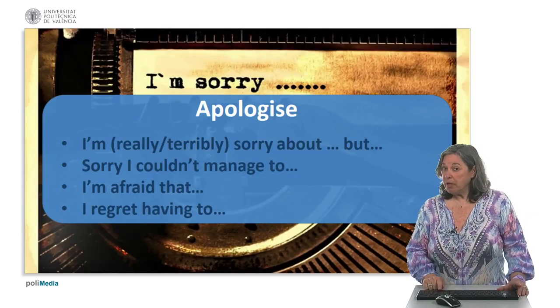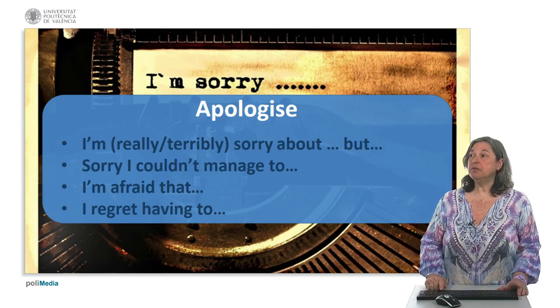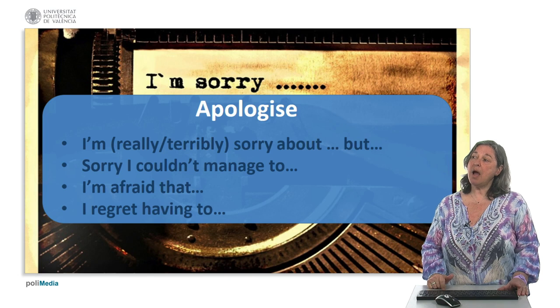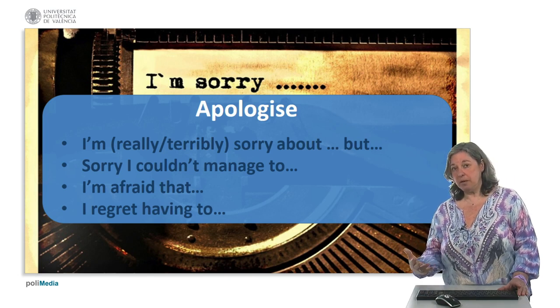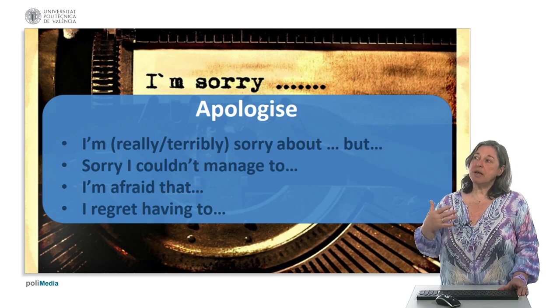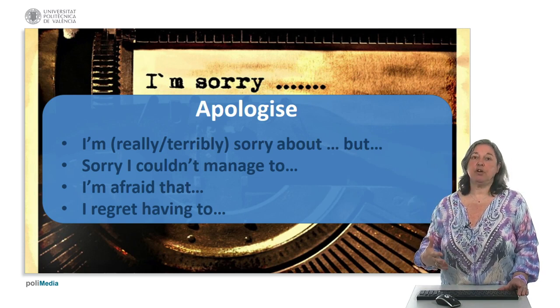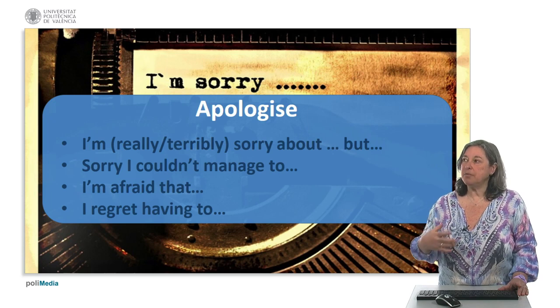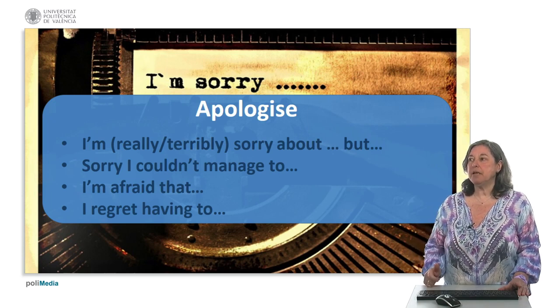If we want to apologize, for example, we can use a number of expressions such as the ones that we have here. I'm sorry about blah, blah, blah, but we can say I'm really sorry if we want to emphasize, or I'm terribly sorry. Okay, these are ways of emphasizing our apology when we want to apologize about something.